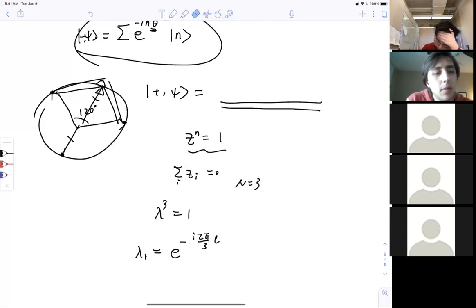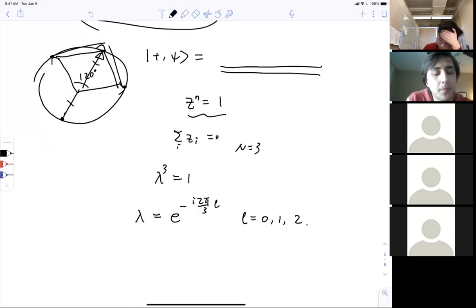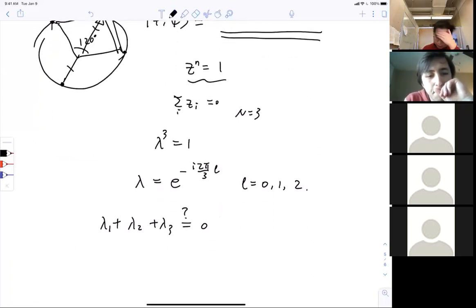And L equal to 0, 1, 2, right? And now we want to say whether number 1 plus number 2 plus number 3 is 0 or not. This is your question, right? That's easy to do. Let's use a plus, or let's use a minus, whatever, doesn't matter.